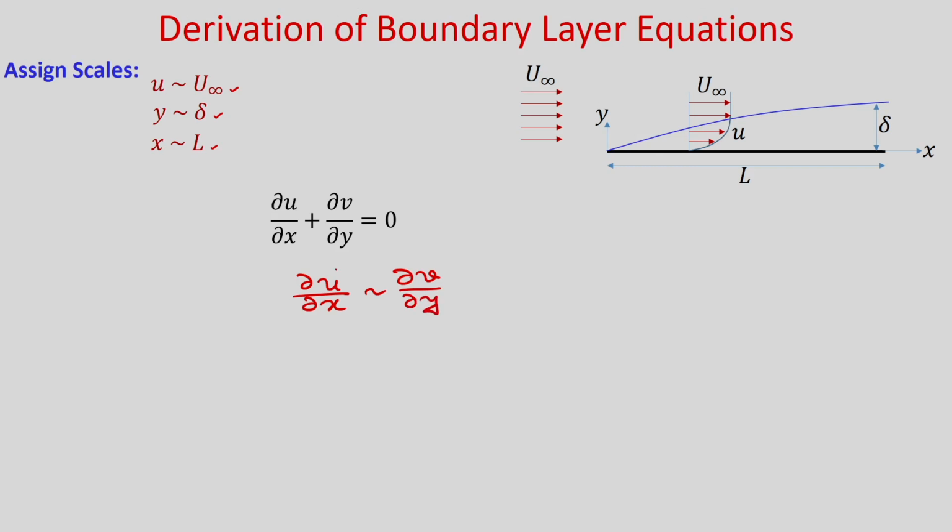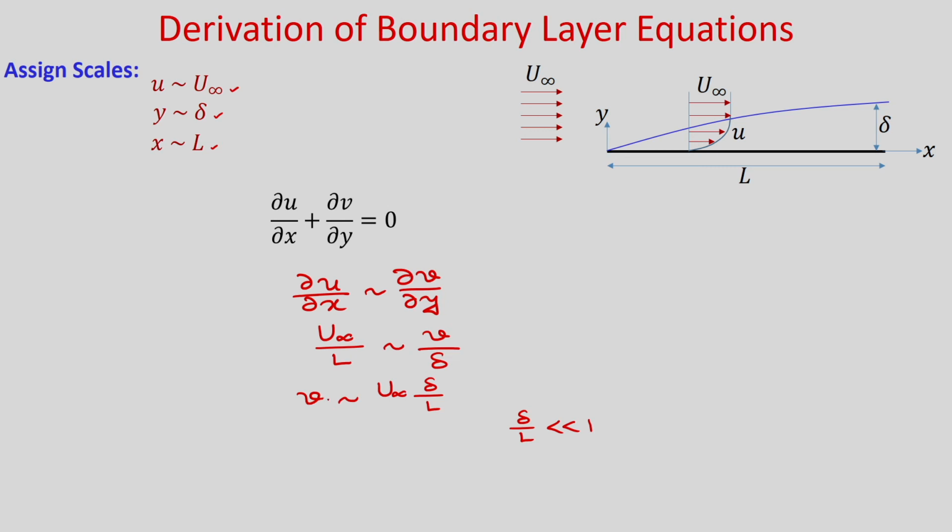So, now assign the scale. So, u is u infinity, x is L, of order v by delta. So, we can see that the scale for v is u infinity delta by L, but we have already postulated that delta by L is much smaller than 1.